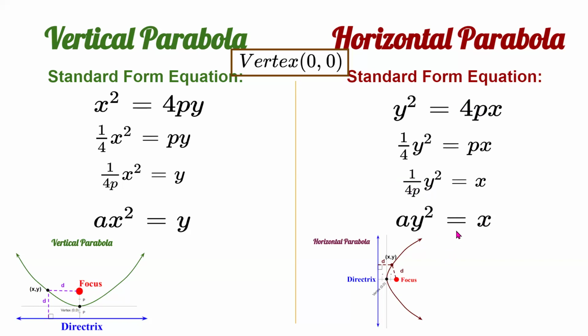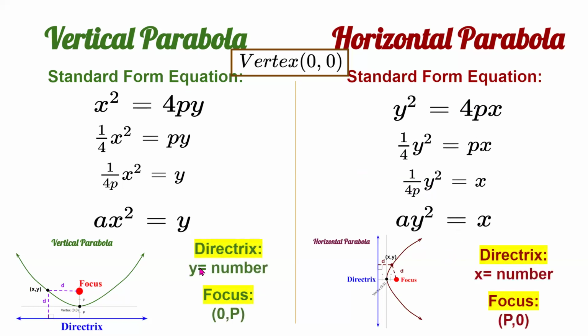Now, how do we know which one is which with the given information? If it's a vertical parabola, guys, we're going to be given y equals a number for the directrix. So y equals a number. In our focus, we're going to be given 0 in our x direction.